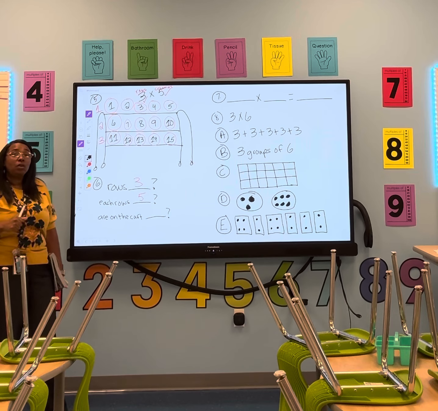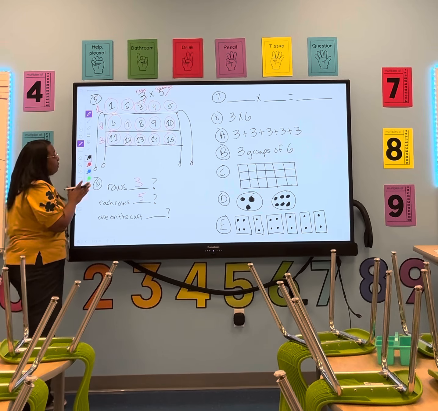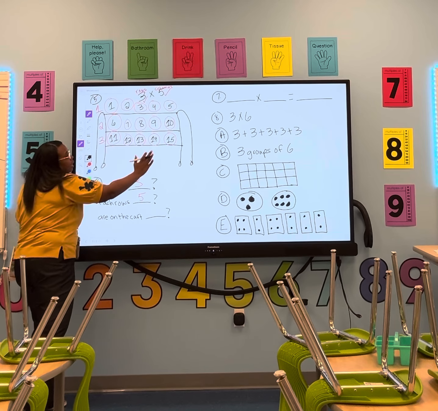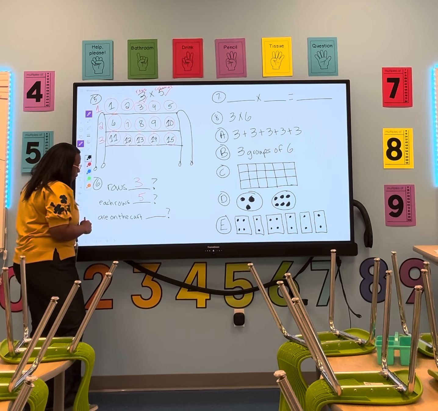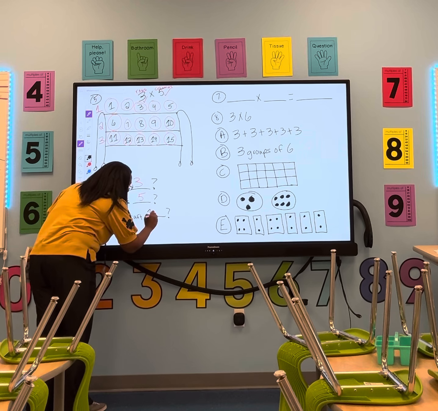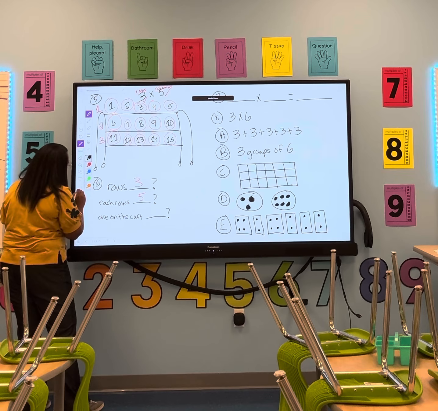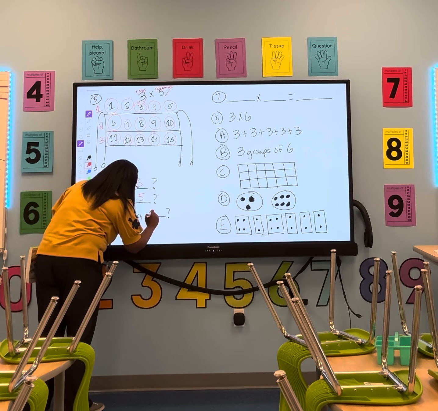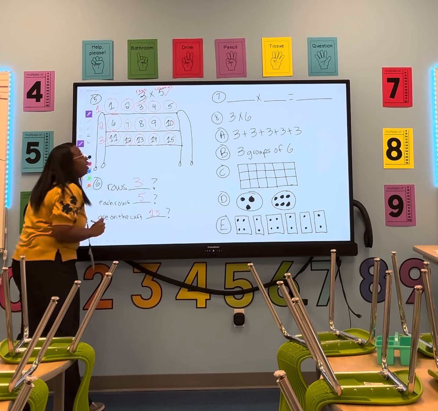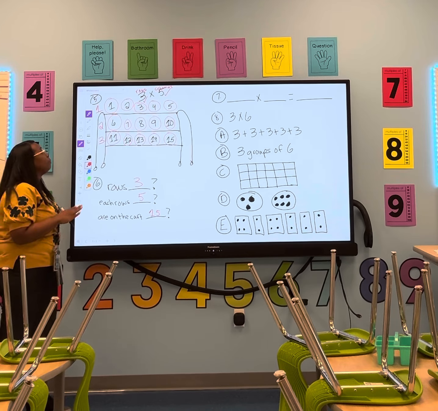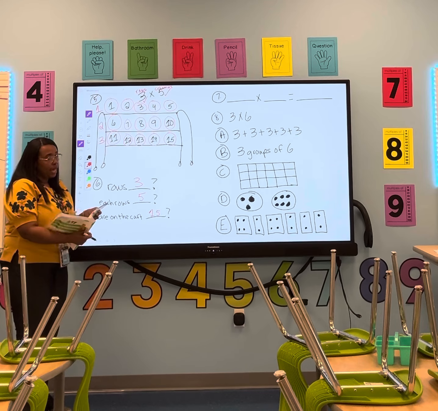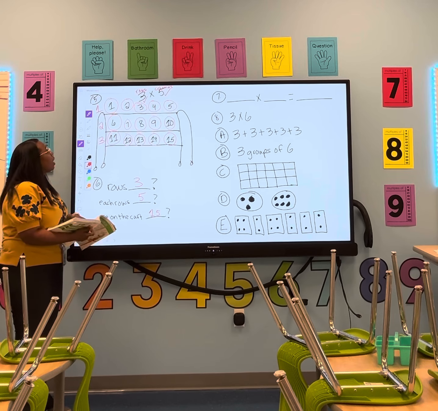So I now know that I have 15 all together on my cart. So the answer is 15. I have 15 basketballs on my cart, and I'm going to put that in a different color so that it stands out. 15.